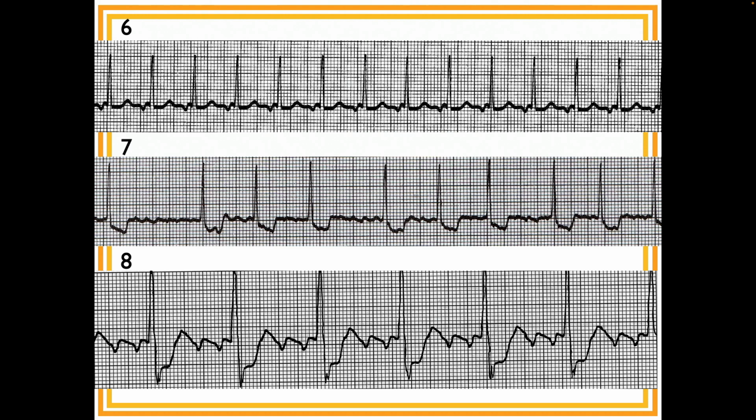Would it be hidden, or would it be poking out a little bit? Usually if there's a retrograde P, it's right directly after the QRS, and so it rarely gets tangled up in the T wave.